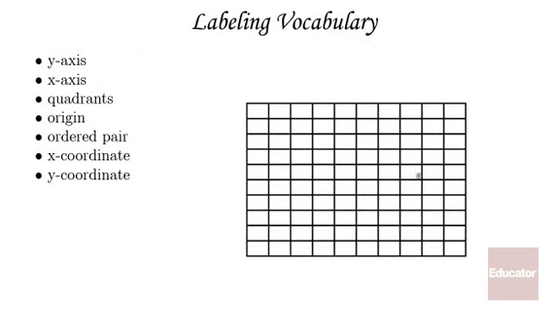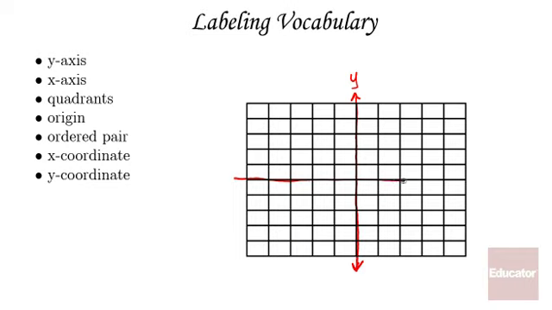So let's label some of the vocabulary. I'm going to use red here so it stands out. You always want to draw arrows to represent number lines, because remember that the number lines go on for infinity. This is your y-axis.